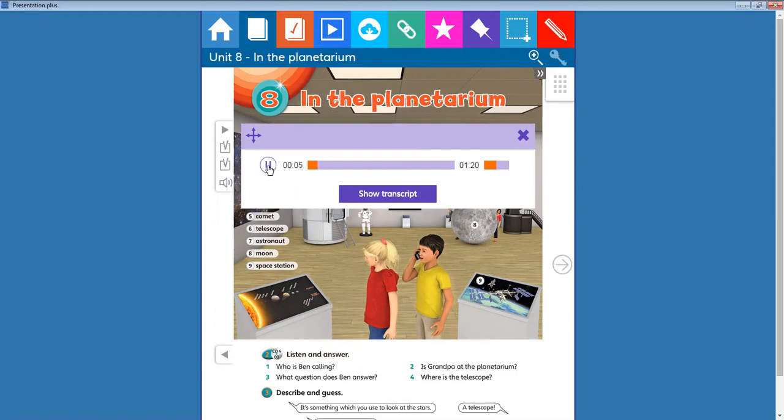Unit 8, in the planetarium. Children's book, page 94. 1.